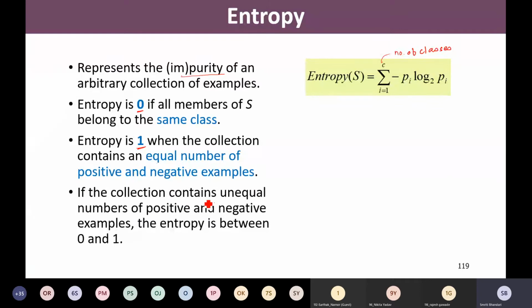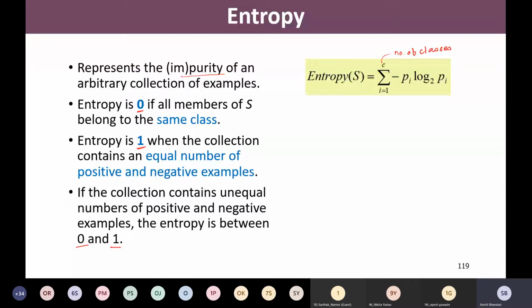And if the collection contains an unequal number of positive and negative examples, then the entropy lies between 0 and 1. Right? So minimum entropy is always 0, maximum entropy is always 1. When all the samples belong to the same class, entropy would be 0. If we have an equal number of positive and negative samples, entropy will be 1. And if we have an unequal number, then our entropy will lie between 0 and 1.